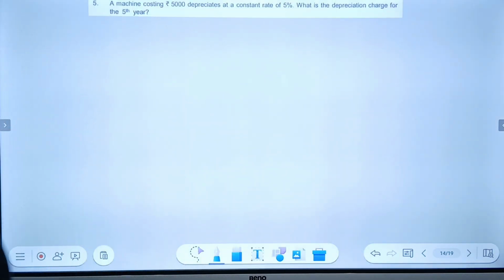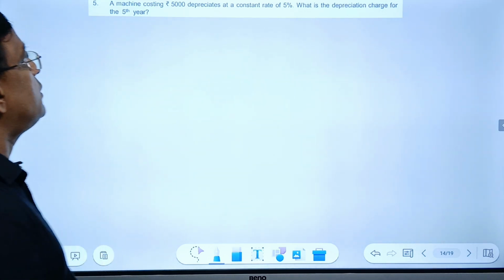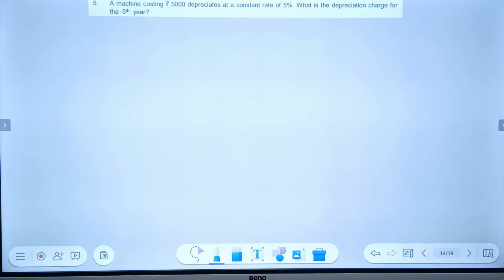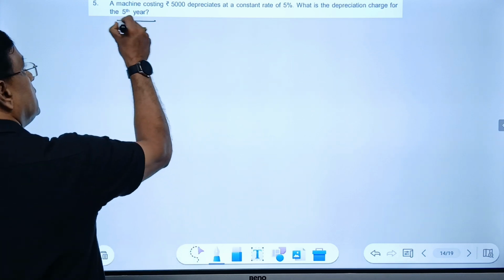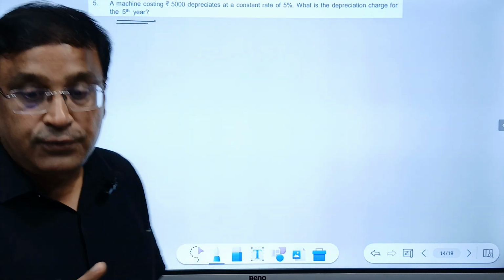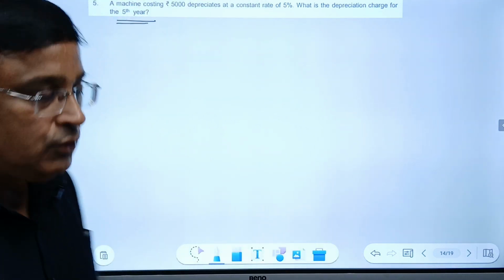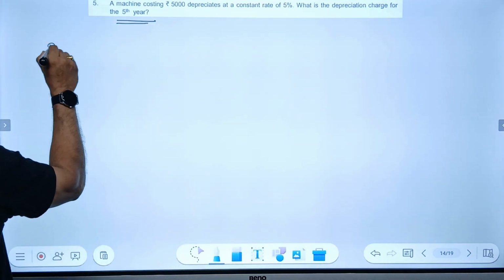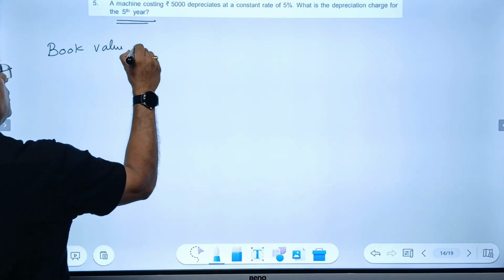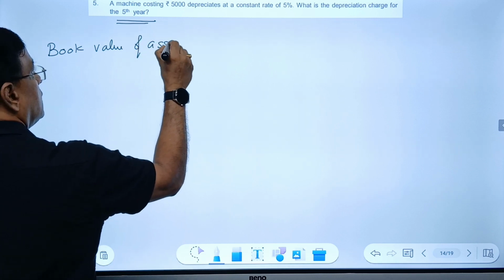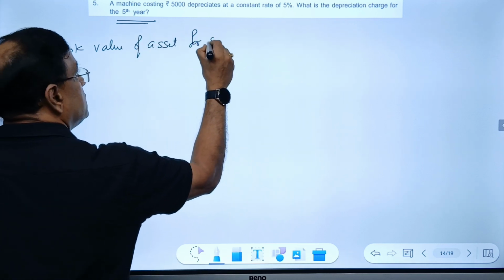Now, find the last problem in the exercise. A machinery cost 5,000, depreciates at a constant rate of 5%. What is the depreciation charge for the 5th year, not 5 years, for the 5th year? So what I will do, I will find the book value of the asset for 5 years.